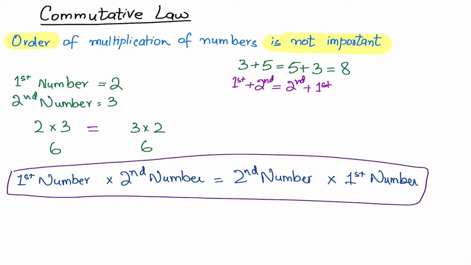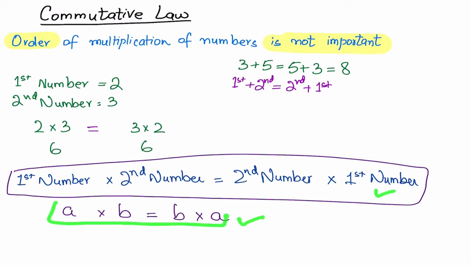Or you can say that let's suppose that the first number is A times another number is B, then it will be equal to B times A. Okay, you can use either this to remember it or this to remember it. This is a shorter version, so you can also use this or you can use this.